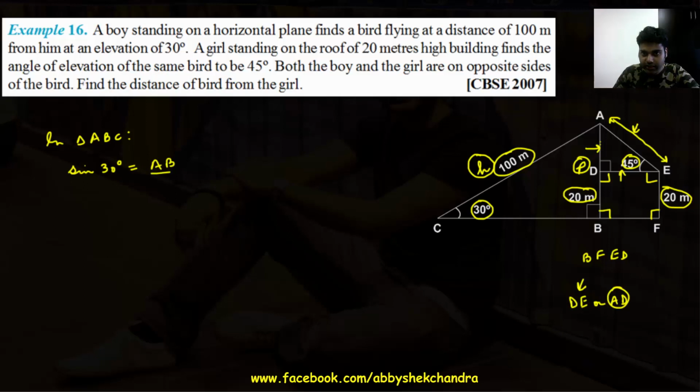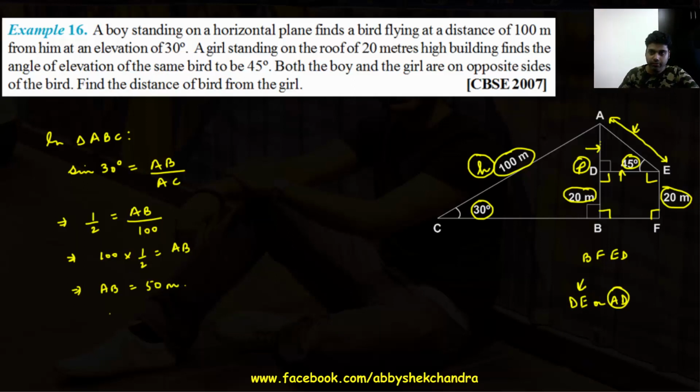With respect to 30 degrees, AB is the perpendicular and AC is the hypotenuse. Sine 30 is half, AB is what we want to find first of all, and AC is given to be 100 meters. So 100 into half equal to AB, or AB equal to 50 meters.